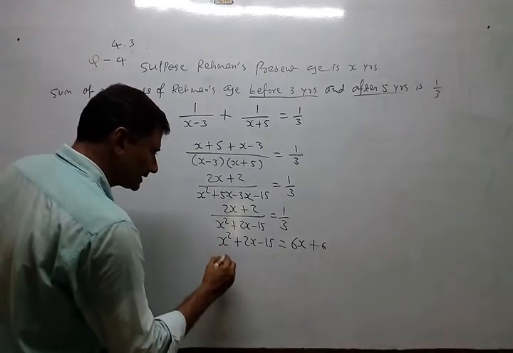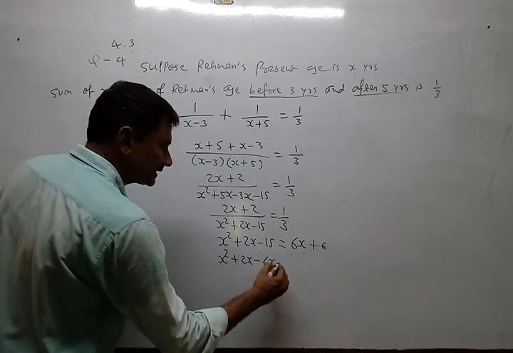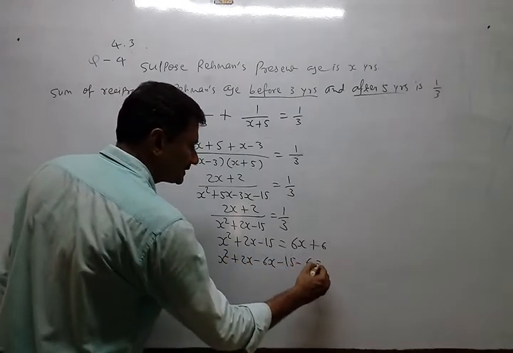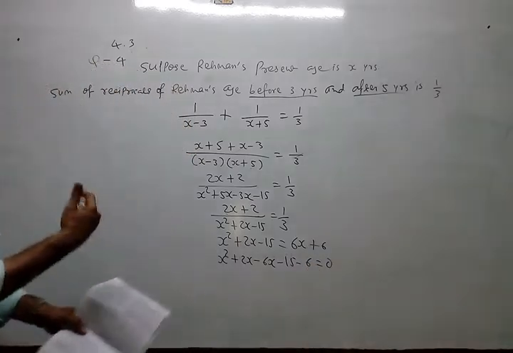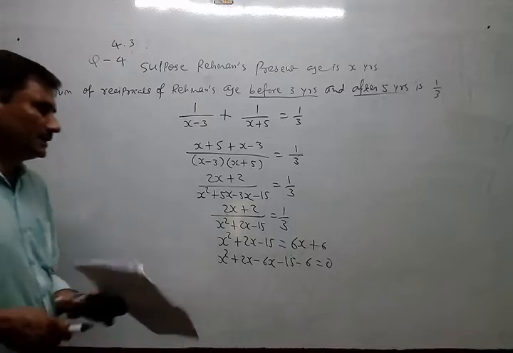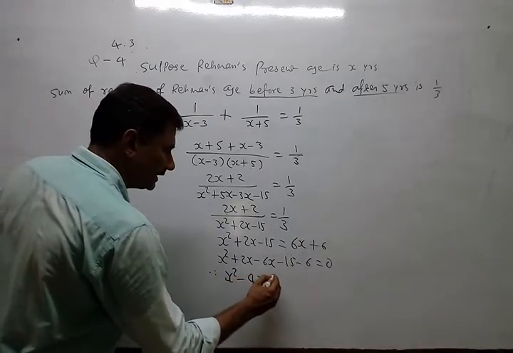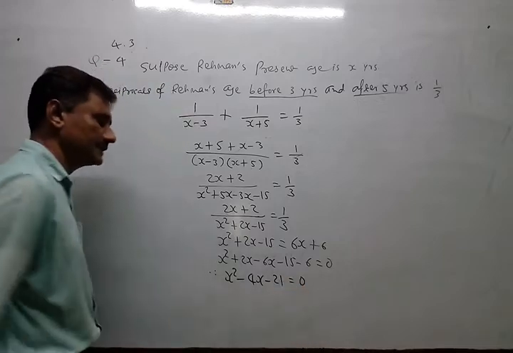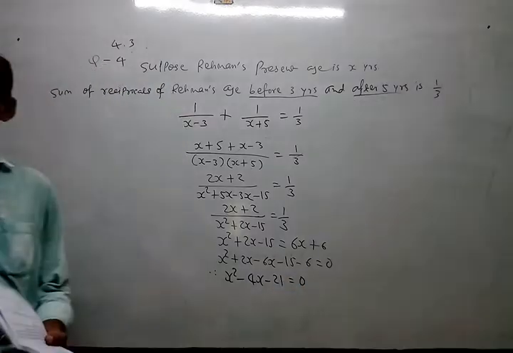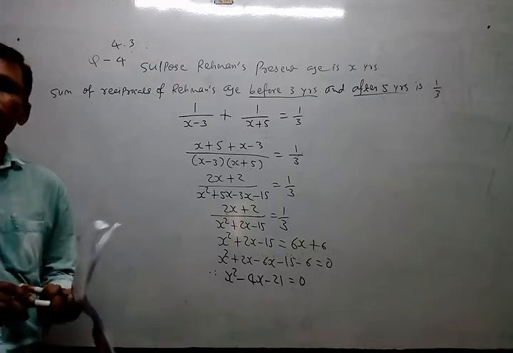So it will be x square plus 2x minus 6x minus 15 minus 6 equal to 0. I shifted both terms towards the left side. So it becomes x square minus 4x minus 21 equal to 0.